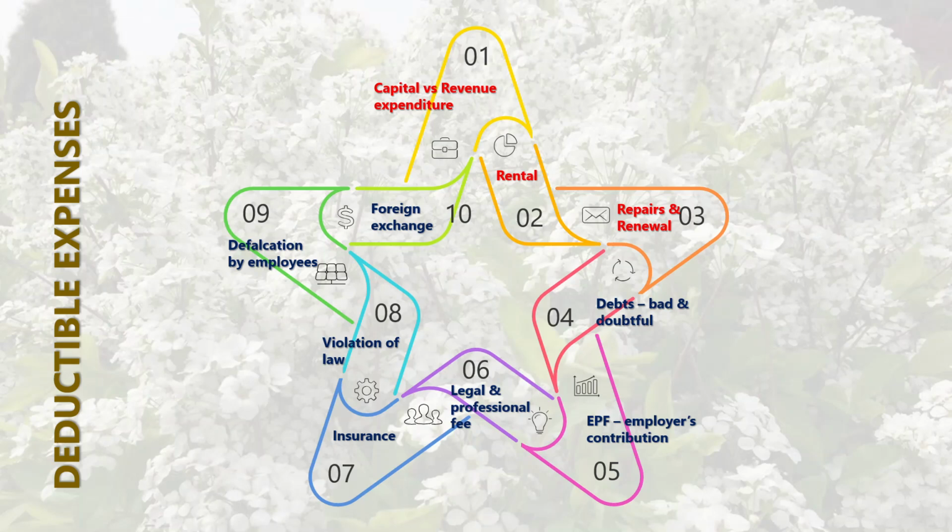For instance, assets. You do incur expenditure to buy the assets. However, do you use your assets only once a year? No. In general, an asset will be used more than one time. So as a business, you need to recognize that as a capital asset.